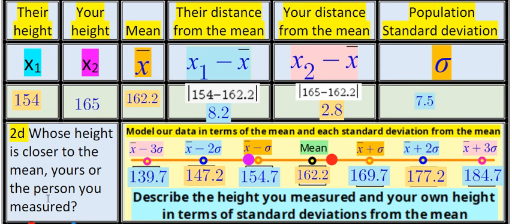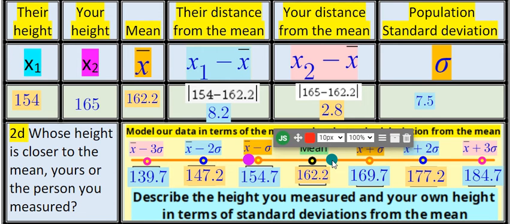Now, somebody that I spoke with in class said that their height was 154. So I plotted that person in purple right here, just a little bit to the left of this deviation. My height was actually 165. So I plotted that to the right of the mean, and that's my data point right there.